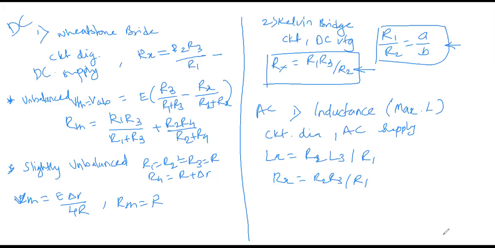Just after that, which bridge have we discussed? Schering bridge. What have we discussed in this bridge? A capacitor is in parallel with a resistor in the first arm. In the third arm again there is a capacitor. So don't forget to draw the circuit diagram.